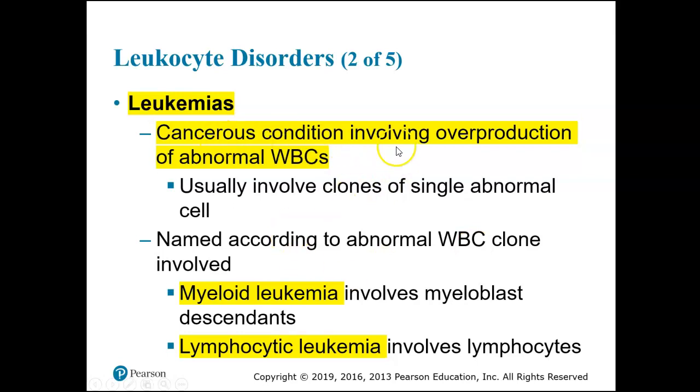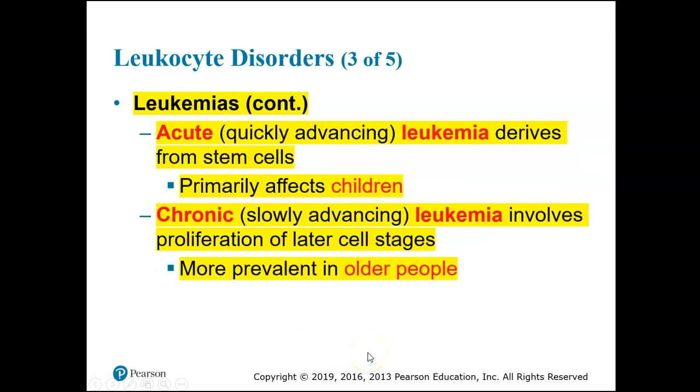Leukemia is a cancerous condition involving the overproduction of abnormal white blood cells. Myeloid leukemia involves any of the descendants of the myeloblasts, so anything except for lymphocytes and cells that become lymphocytes. And lymphocytic leukemia involves lymphocytes.